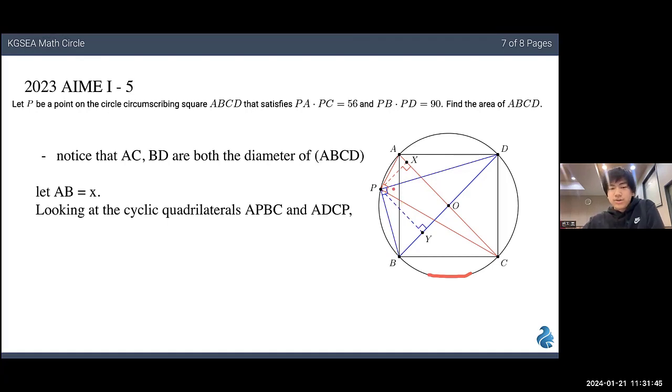Looking at cyclic quadrilaterals APBC, so this one here, we're just trying to include as many lengths in terms of x as possible. APBC and ADCP. It doesn't necessarily have to be these two cyclic quadrilaterals. There are others that work.